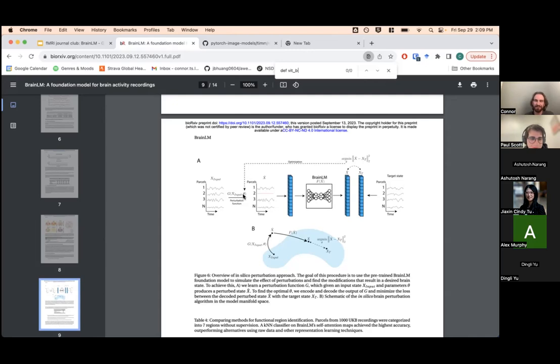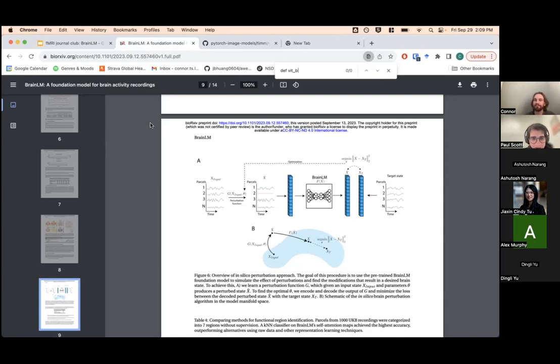I think a good analogy here would be prefix fine-tuning in language models. So basically, you will have a small number of parameters to tune. So I think this is for fine-tuning, right? Or you already have this BrainLM and you want to adapt to the downstream data, right?